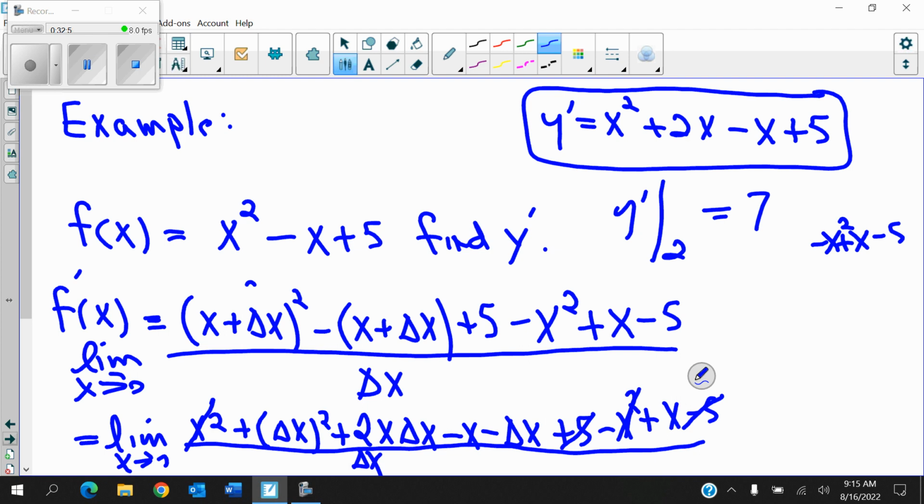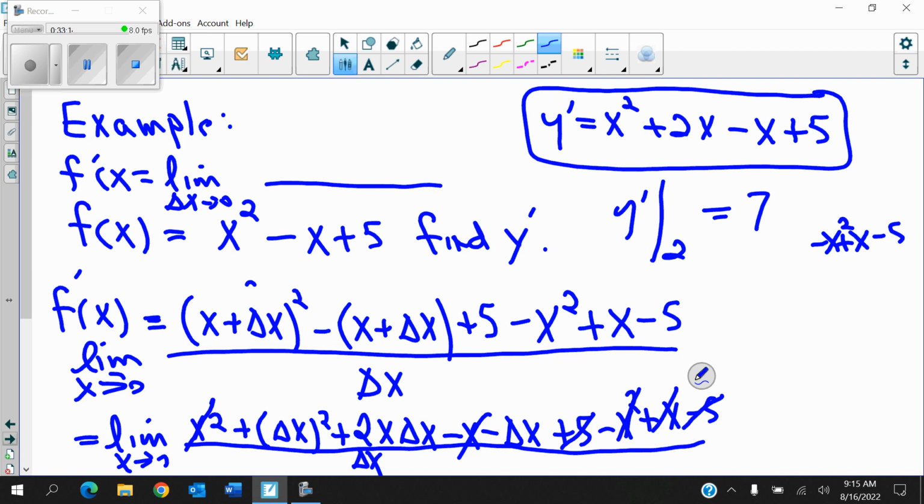So now we're left with f prime of x equals the limit as delta x approaches 0. What's left in the numerator? Delta x squared. Did my x's go away? Yes, they go away too.